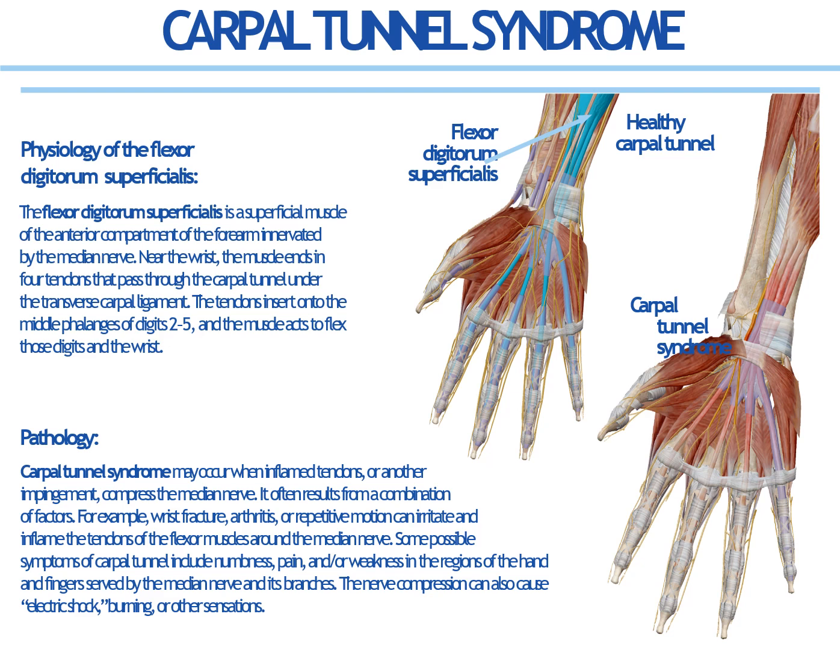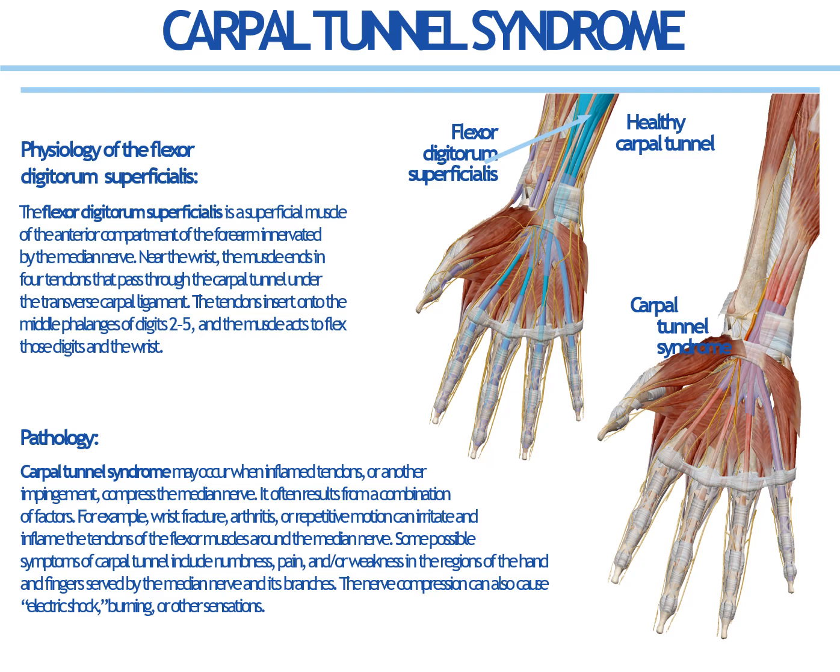In terms of the pathology, carpal tunnel syndrome may occur when inflamed tendons or another impingement compress the median nerve. It often results from a combination of factors. For example, wrist fracture, arthritis, or repetitive motion can irritate and inflame the tendons of the flexor muscles around the median nerve.